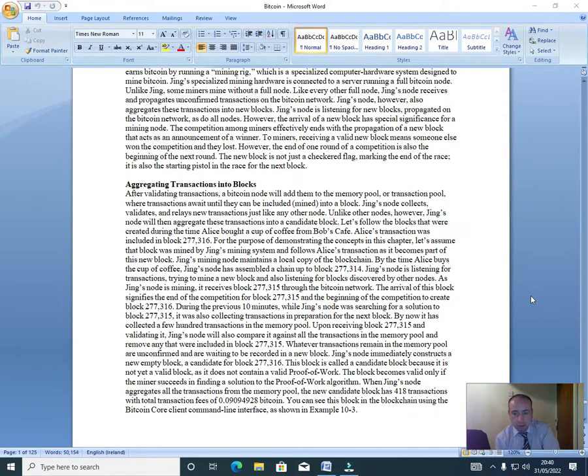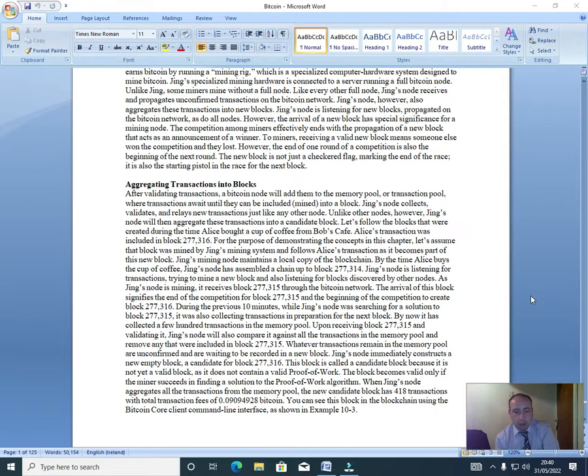Jing's node immediately constructs a new empty block, a candidate for block 277316. This block is called a candidate block because it is not yet a valid block, as it does not contain a valid proof of work. The block becomes valid only if the miner succeeds in finding a solution to the proof-of-work algorithm.